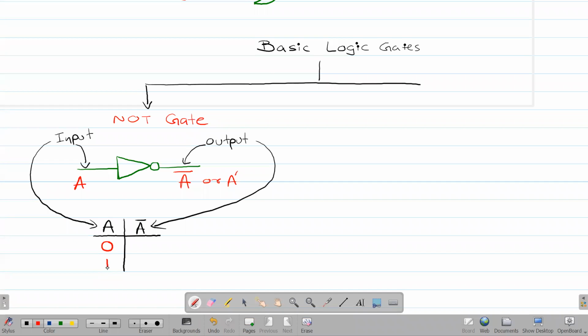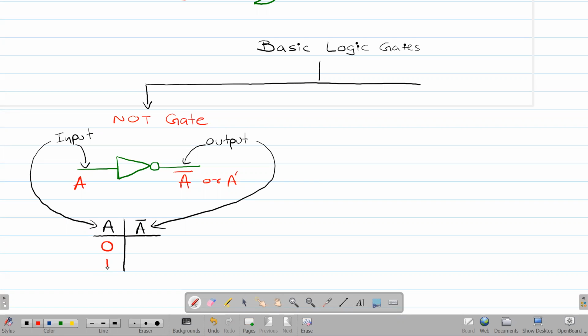Yes, so. Yeah, sorry for that. And we can assume that the input line can receive 0 in one scenario, or else it can receive 1.